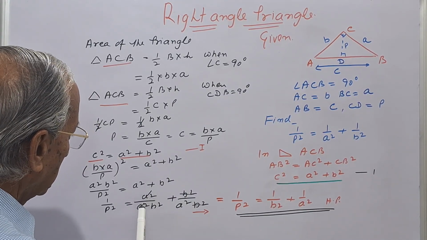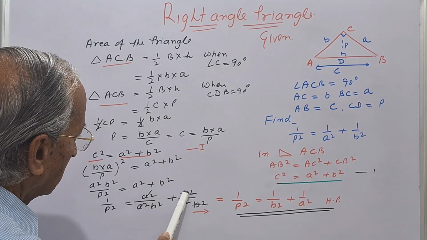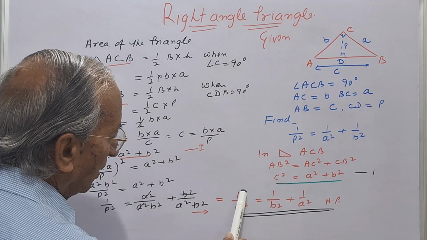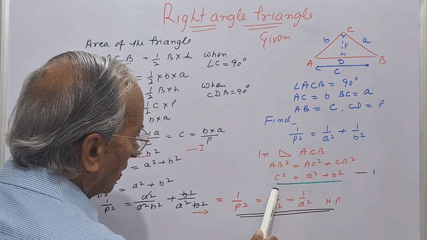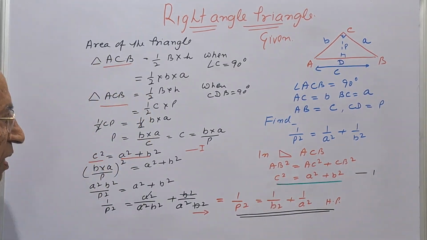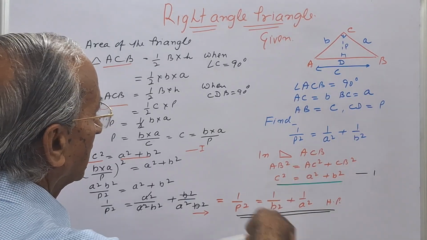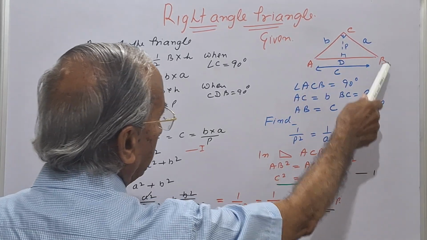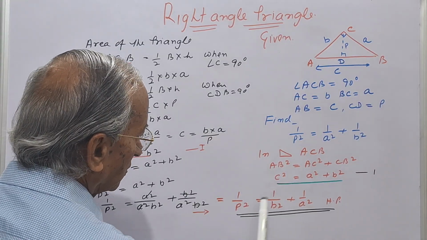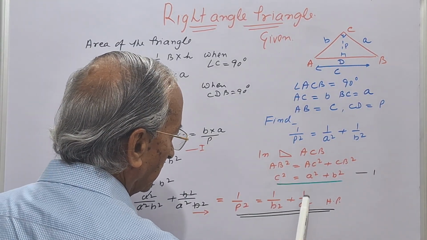Here A square cancels out. Here B square cancels out. And we get 1 upon P square is equal to 1 upon B square plus 1 upon A square. So from this triangle, we find the value of 1 upon P square is equal to 1 upon B square plus 1 upon A square.